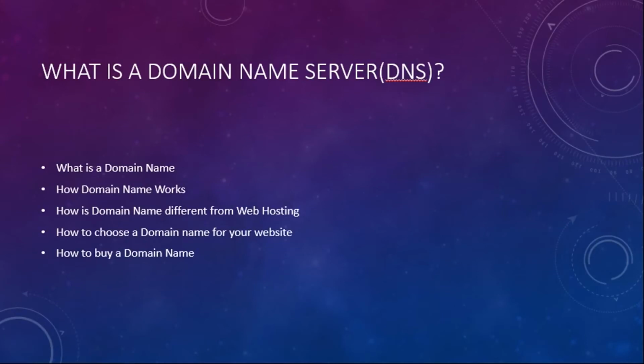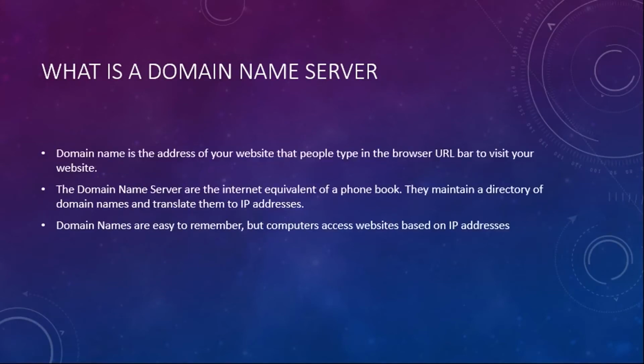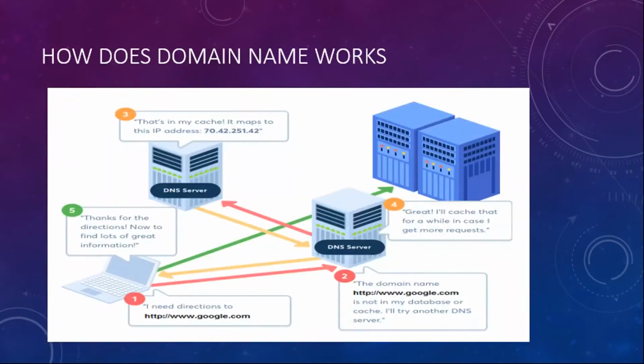Then I went into details of what a domain name is, how the domain name works, and how a domain name is different from web hosting. I also talked about how to choose a domain name for your website and how to buy a domain name. I showed you the pictorial architecture of how the domain name server works.